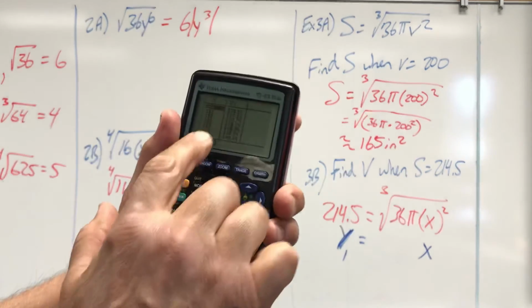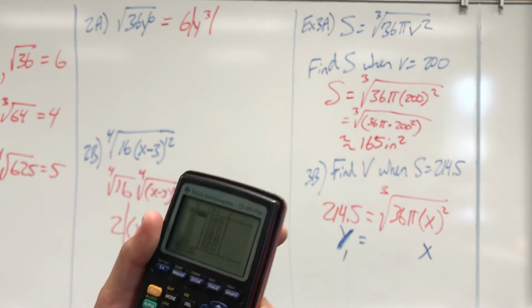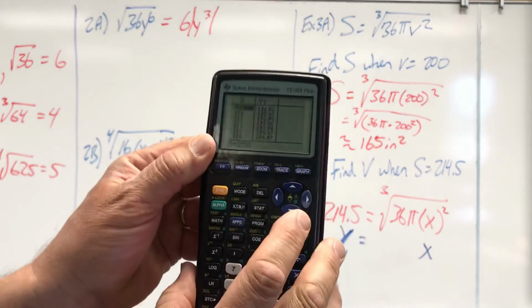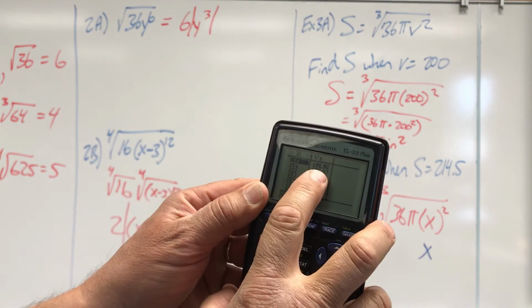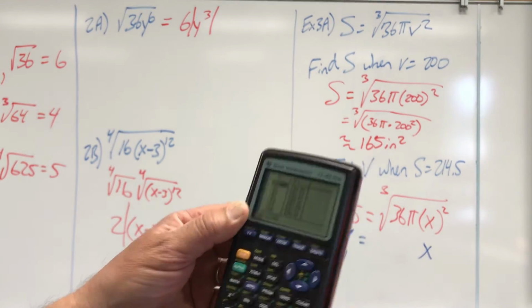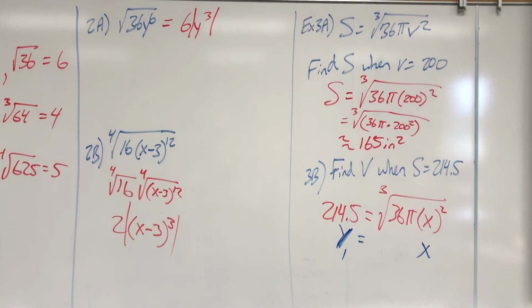And I go to 150 and it's 136, so I'm not quite there yet. So I'm going to start my table at 250 and see what happens. 250 gets me closer. My y is 191.9.